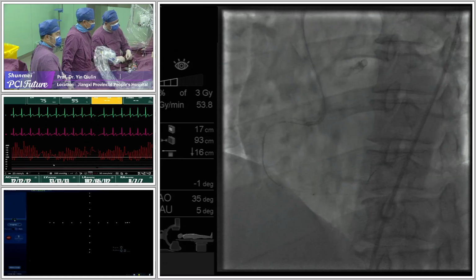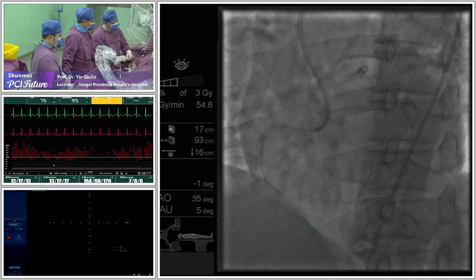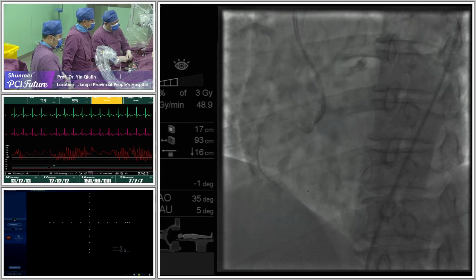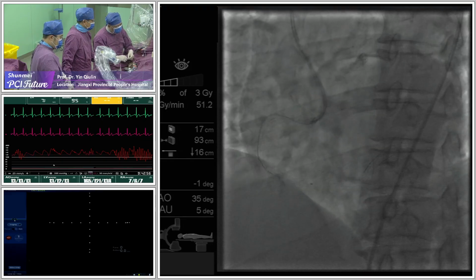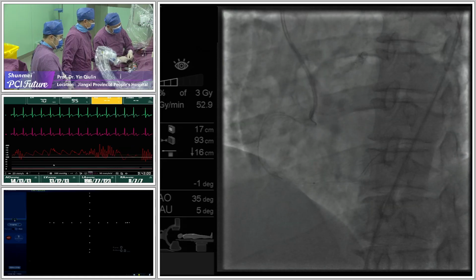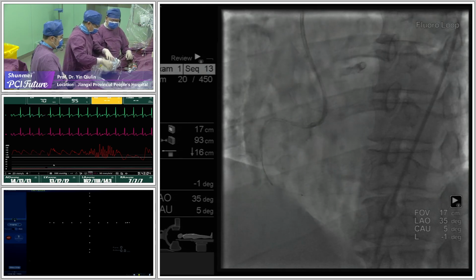Can we see dual injection in the other projection to understand a little bit more where the proximal cap is? From this view, by the bifurcation of the septal, you can see some blunt pre-cap. Here's our entry.